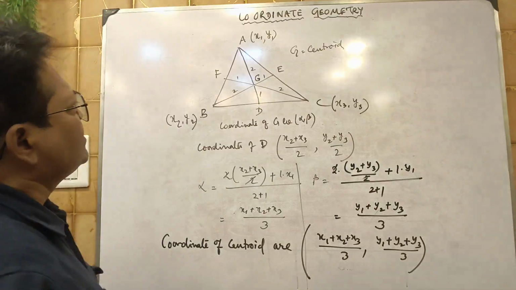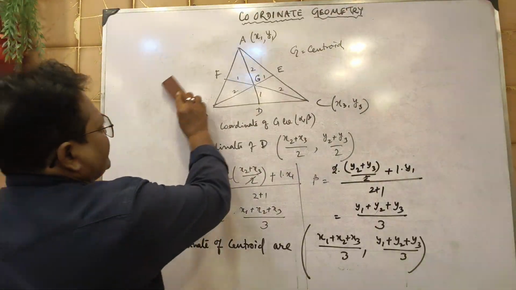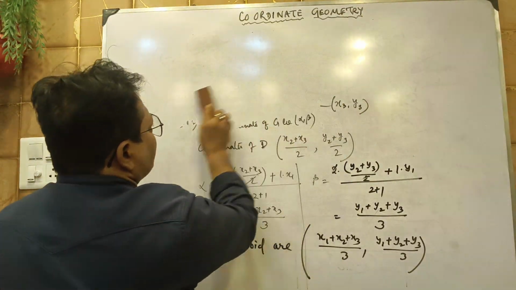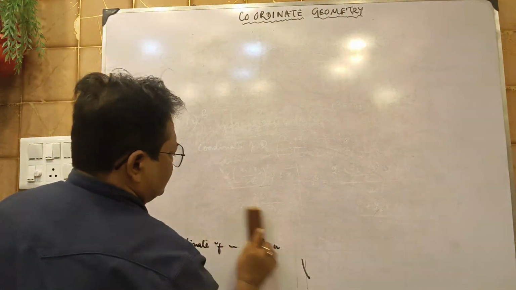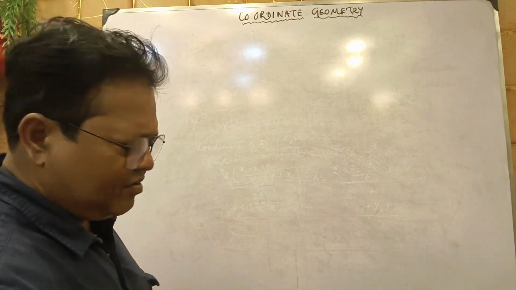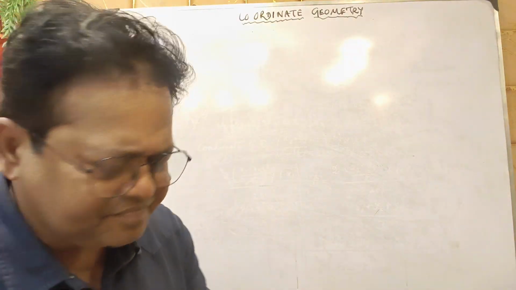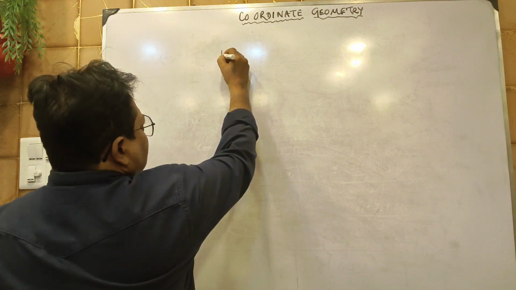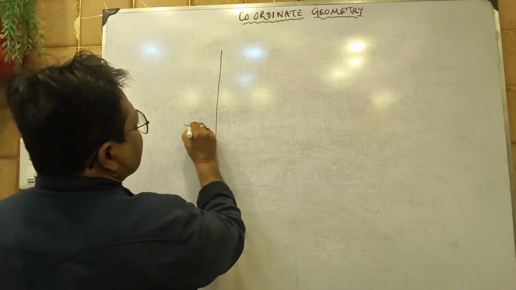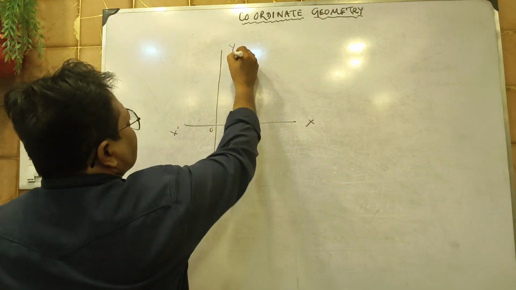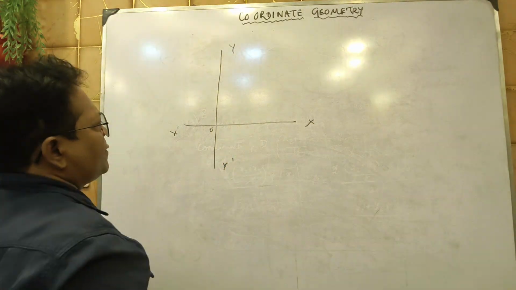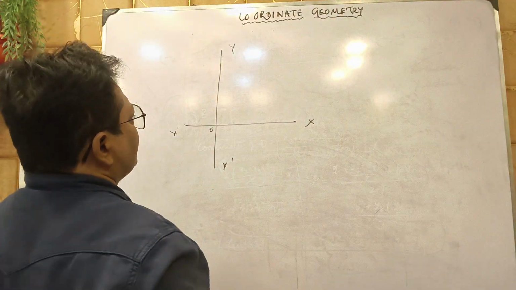Now this is the first part. Second part, I will go again to the coordinate system. Suppose this is the x-axis and this is the y-axis.